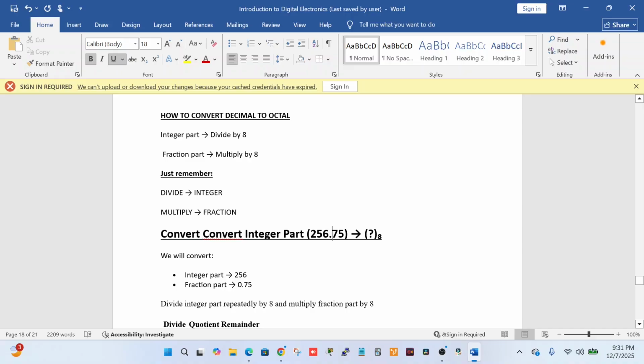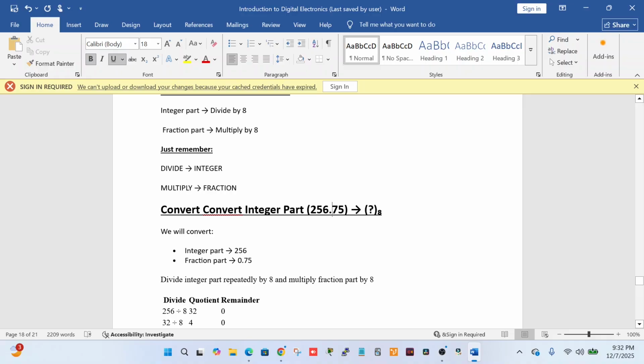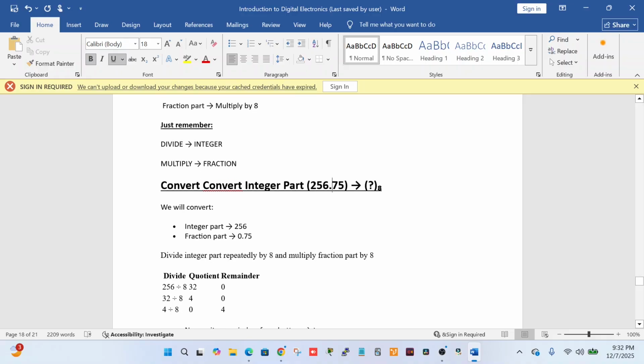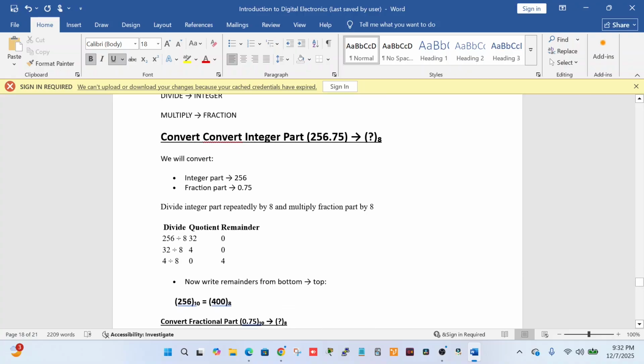Here you have to keep it in mind: you have to divide the integer part by 8, and you have to multiply the fraction part by 8. Here the integer part is 256, and the fractional part is 0.75. Let's convert; I will explain clearly. Divide the integer part repeatedly by 8 and multiply the fraction part by 8.